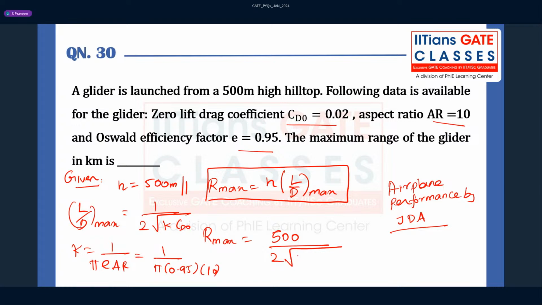If you substitute the value in here, K times 0.02, and simplify, you will get a value closer to 9.65 kilometer. I leave the simplification to you. The steps are this. Just a very easy problem. Simple, isn't it?